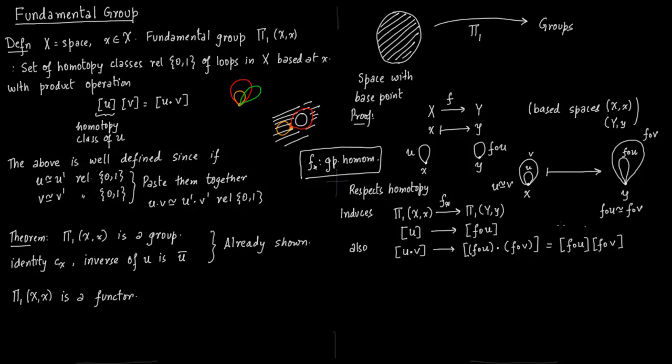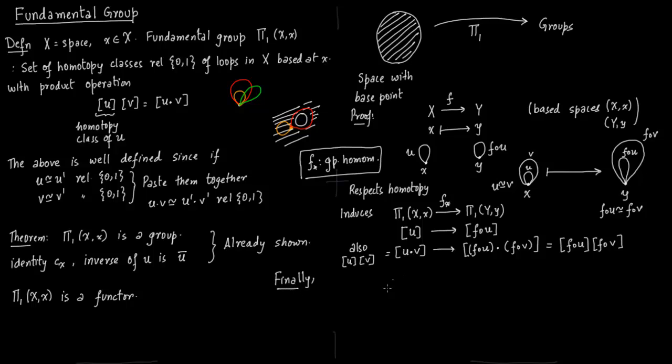You get the homotopy in space Y. So notice that first you travel U and then you travel V. This is equal to this product which we have given in the definition.